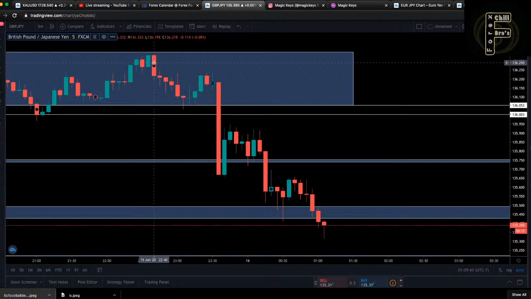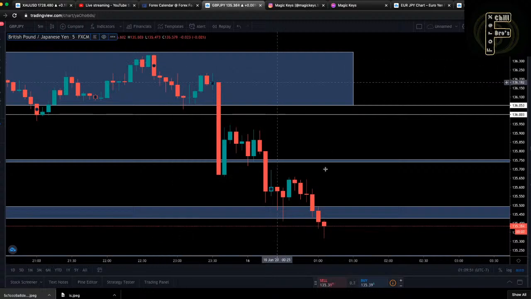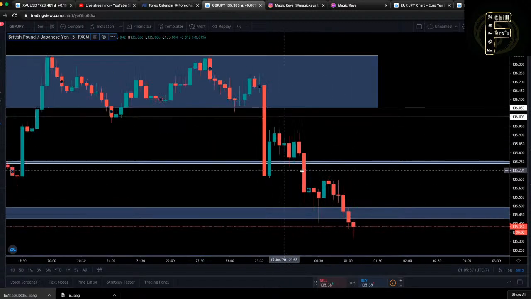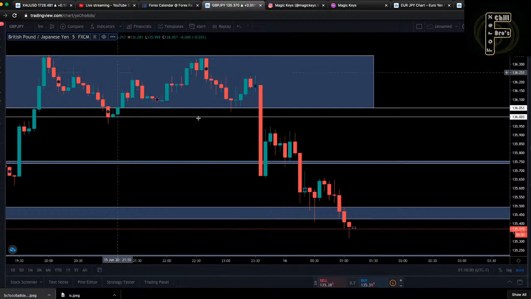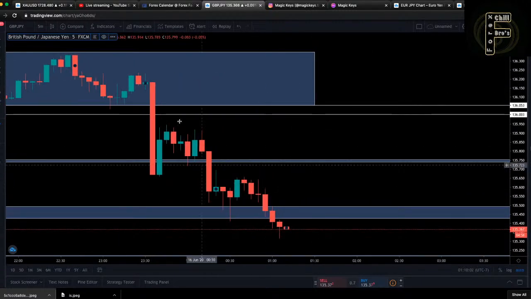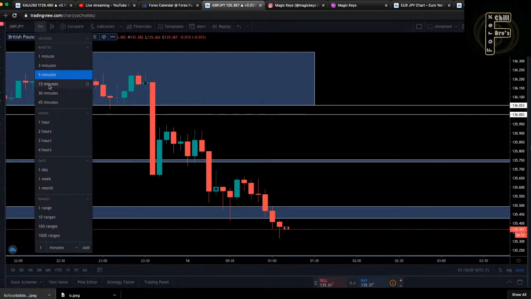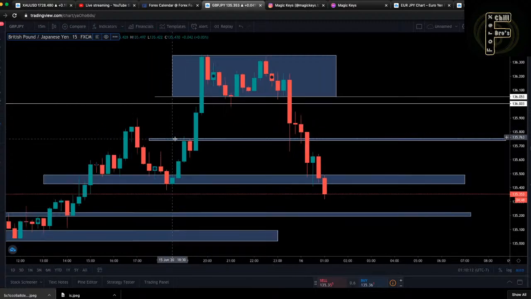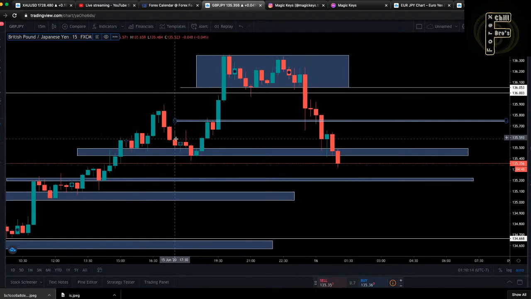You need to mark out areas, take your trade, be confident and just let it run. We're gonna have a push down still. What's the 15 minutes saying? Let price do its thing.